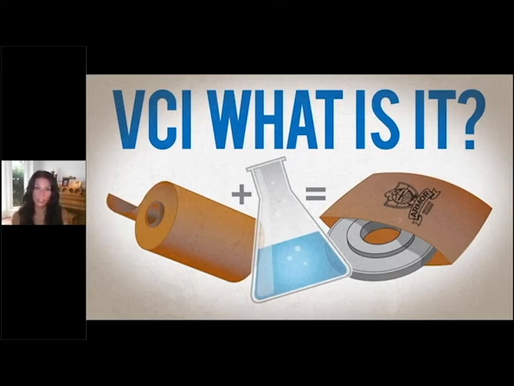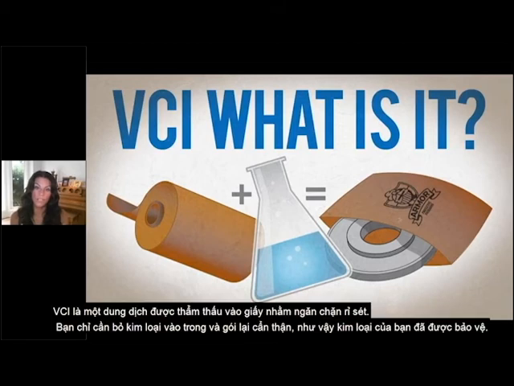If you look at your screen right now, that bottle right in the middle of your screen, that represents VCI. And for VCI to work, it needs what we call a carrier. And on the left-hand side of your screen, you'll see in this example, it's kraft paper. And that kraft paper is coated, sometimes we say in the industry, it's impregnated with VCI.